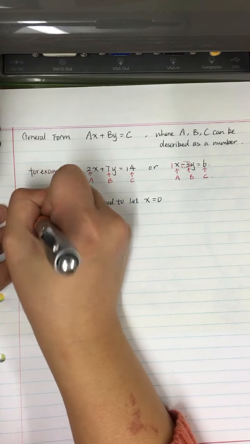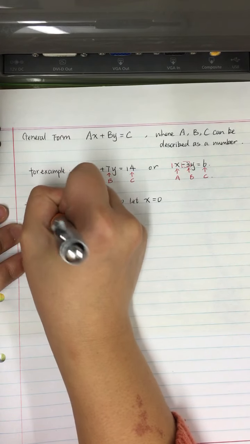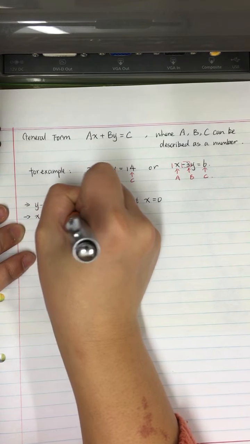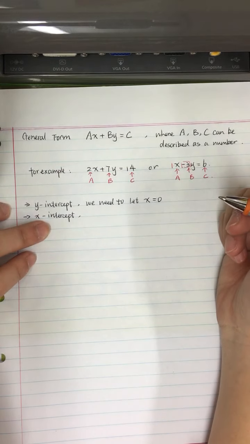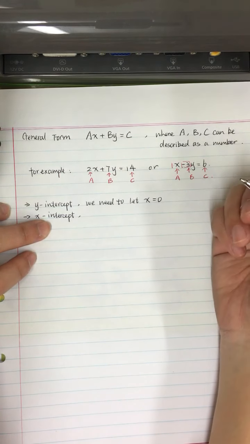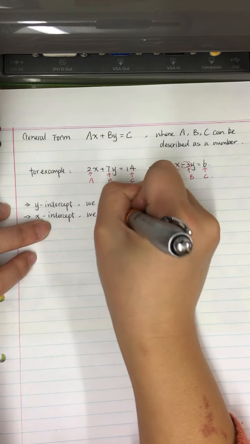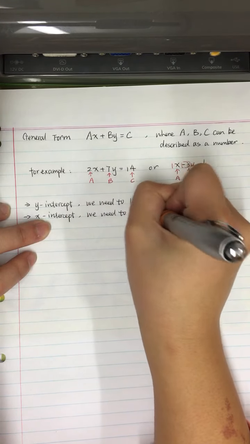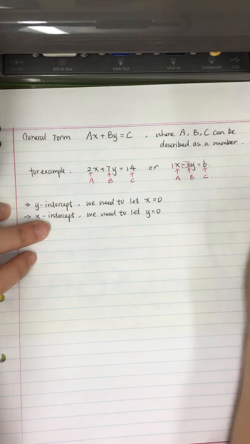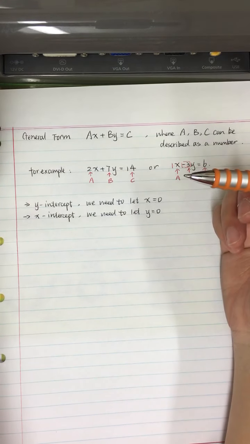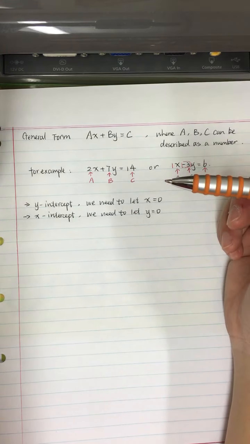The second step is to find the x-intercept. Same thing, if we find the x-intercept, that means we cut the x-axis, so we let y equal 0, and then substitute to find our x value. And then join the points together.